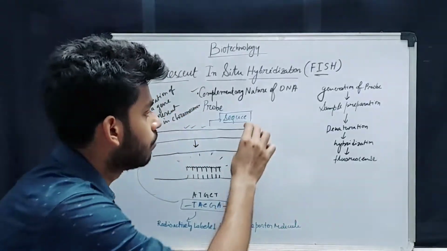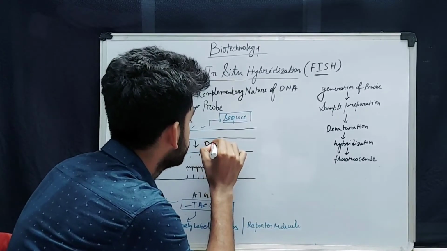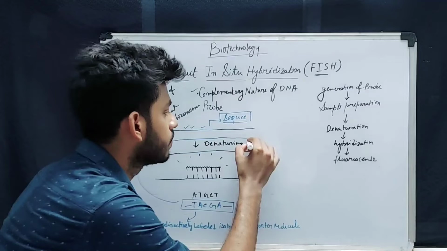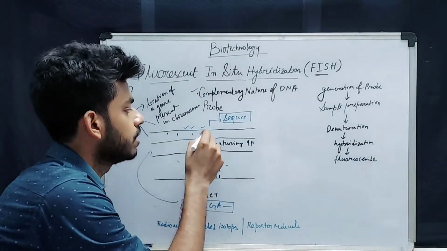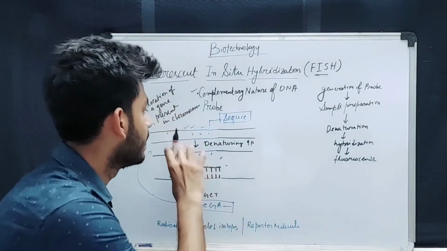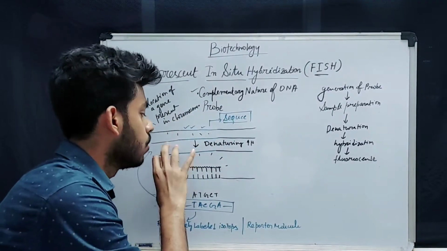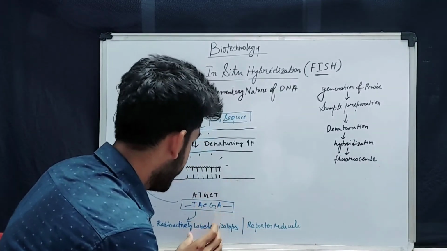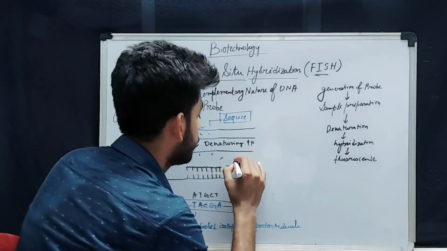So how can you do this? You can easily do this by denaturing. By denaturing, you apply enough heat, the hydrogen bonds between the bases will be disrupted and the strands will be separated. Then you give the single-stranded DNA the modified probe.